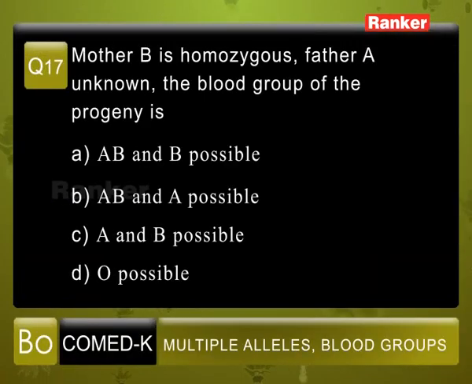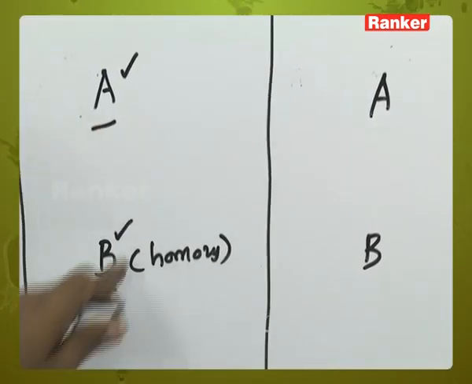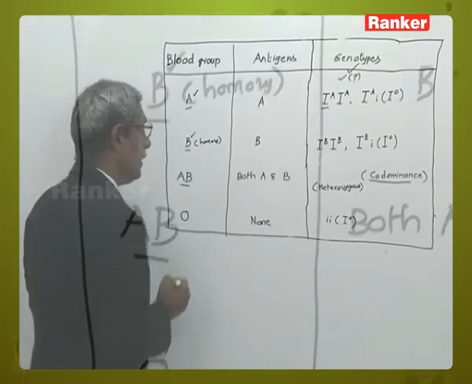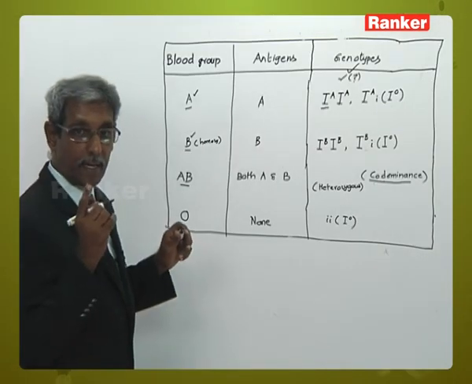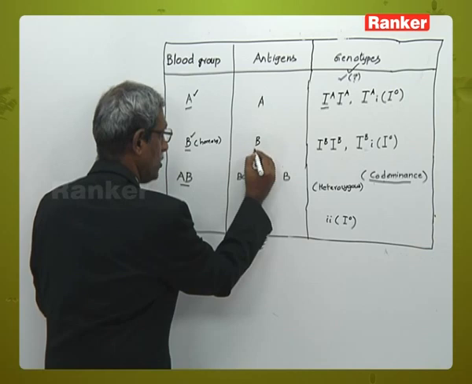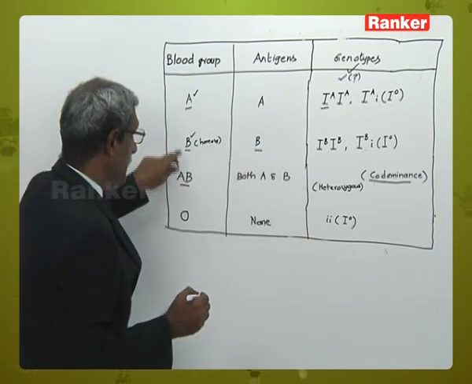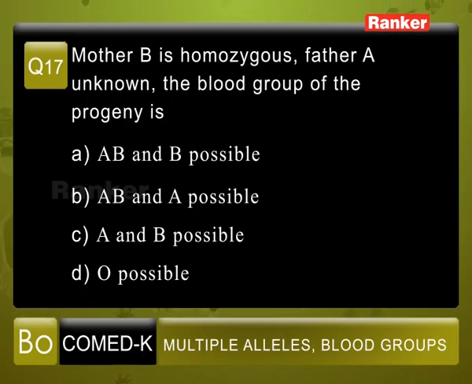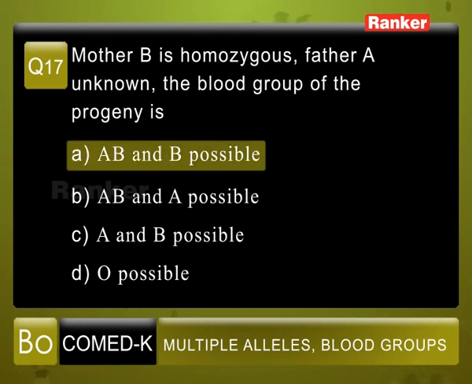In the progeny, because of A and B, the probability is AB, and the probability is also B. B is also a possibility because B and B can combine together and it does not have the genotype of A. Thereby, the correct answer to question number 17 is AB and B is possible, which is the right answer A.